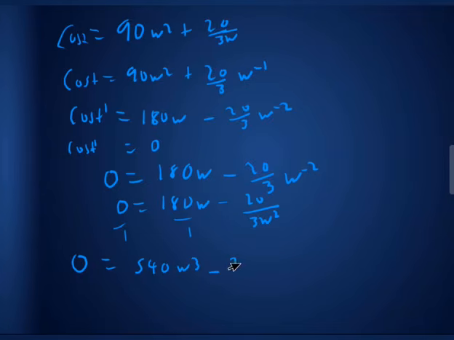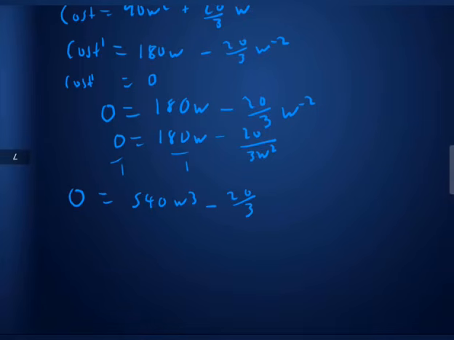And then the nice thing is that it's going to cancel here. So we're going to have 20 over 3 just. Now we take this to the other side, so 20 over 3 is equal to 540W cubed. Now we divide both sides by 540, and in the calculator you must type 20 over 3 divided by 540, right? Don't type divided by 540 in the calculator like this, because you might make a mistake and get it wrong.